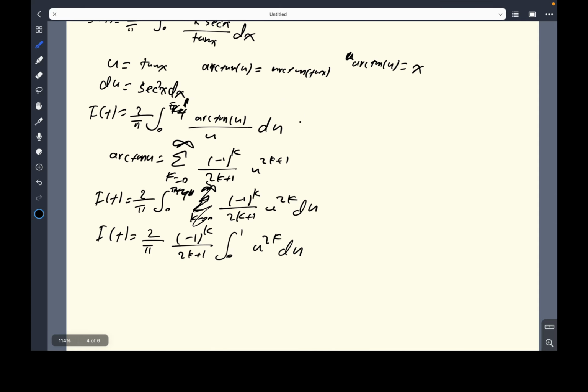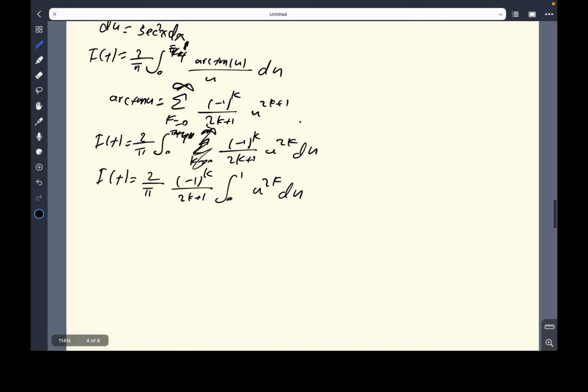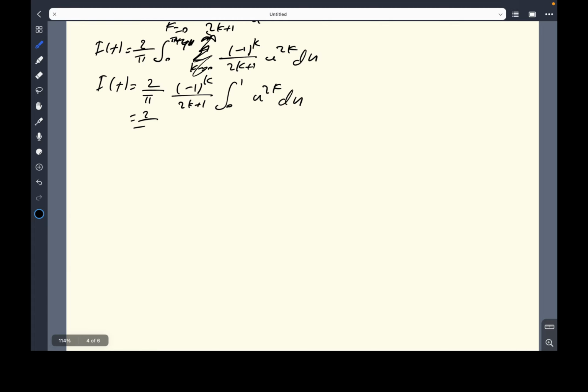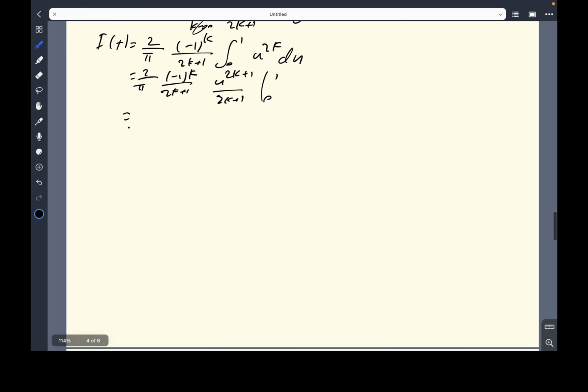Now, you can obviously integrate this function with the reverse power rule: negative 1 to the k over 2k plus 1, u to the 2k plus 1 over 2k plus 1 from 0 to 1. And if you do that calculation, you're left with the expression 2 over pi negative 1 to the k over 2k plus 1.